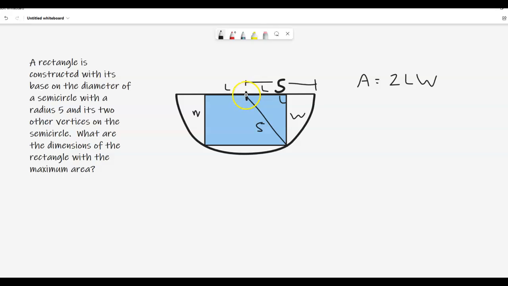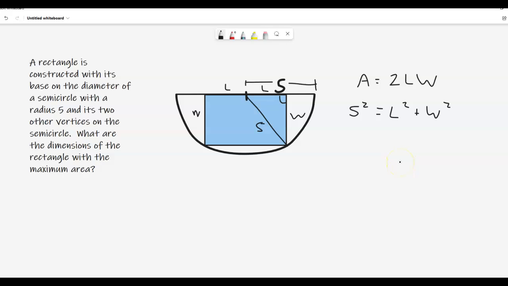This line segment from the center of the semicircle to the edge of the circle here is also the hypotenuse of this right triangle, so we can set up that equation. The hypotenuse squared is equal to one leg squared plus the other leg squared. So I can set up an equation like this.